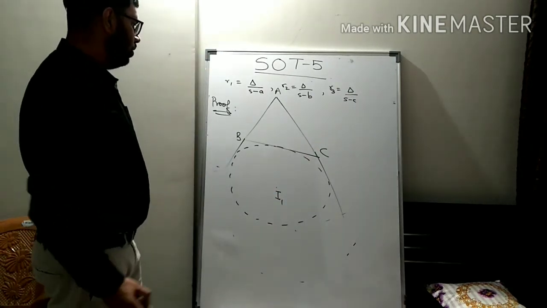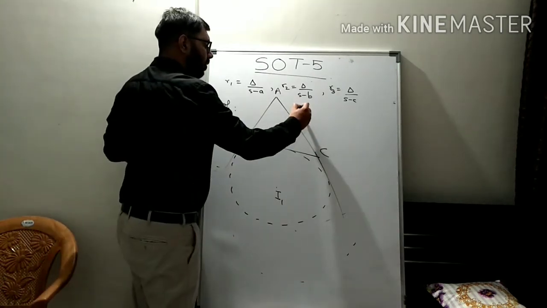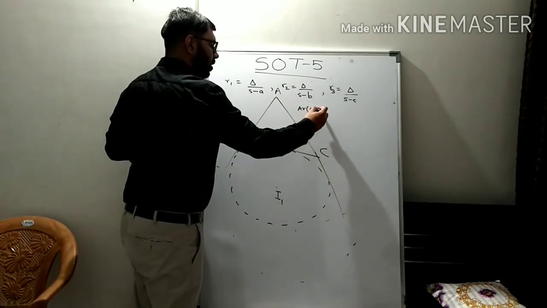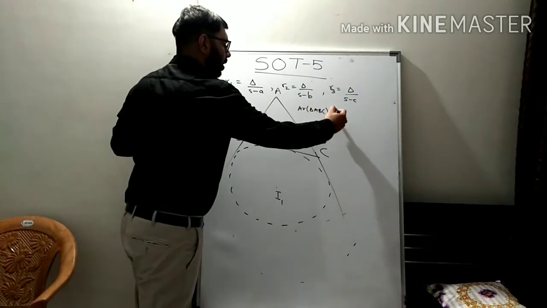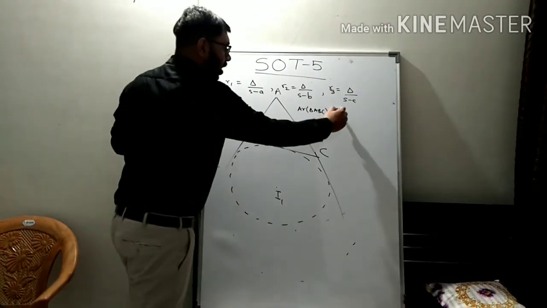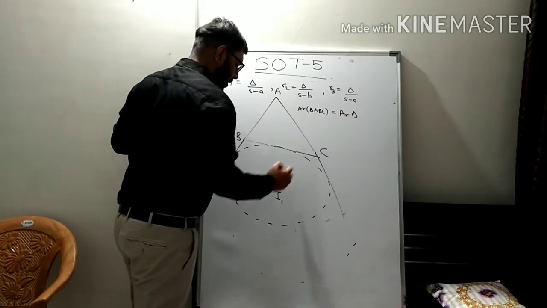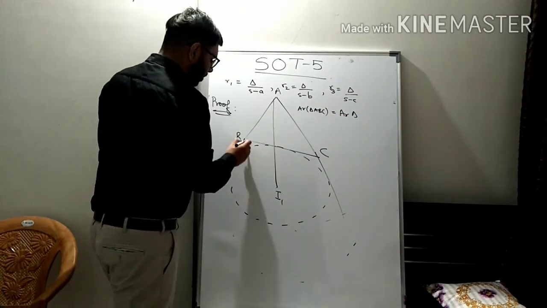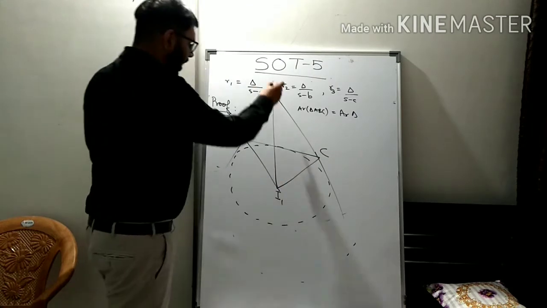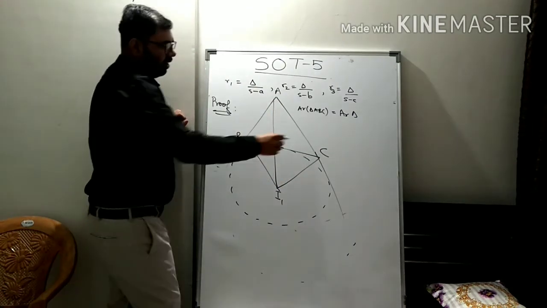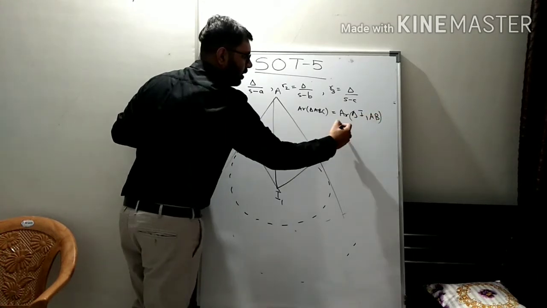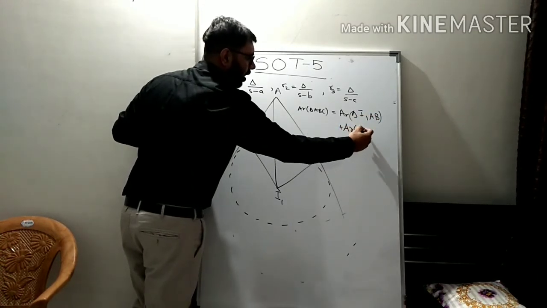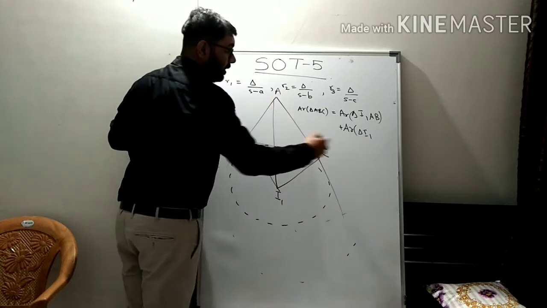I can write that area of triangle ABC is equal to area of triangle I1AB, which means area of this triangle, plus area of triangle I1AC.